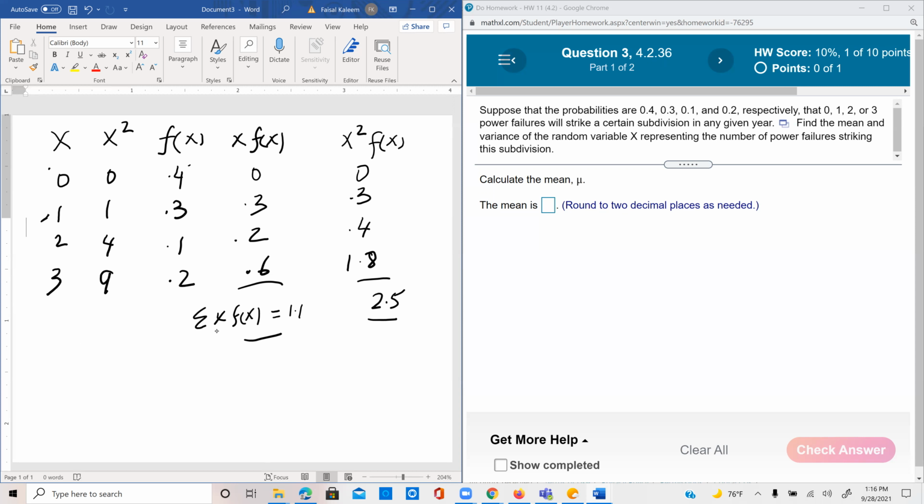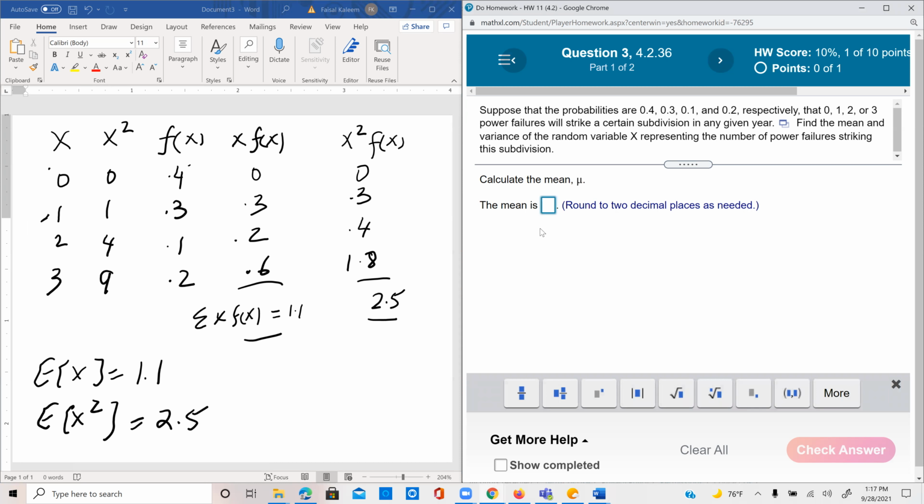So I get E of x is 1.1, E of x squared is 2.5. So E of x is the mean, so that's 1.1.